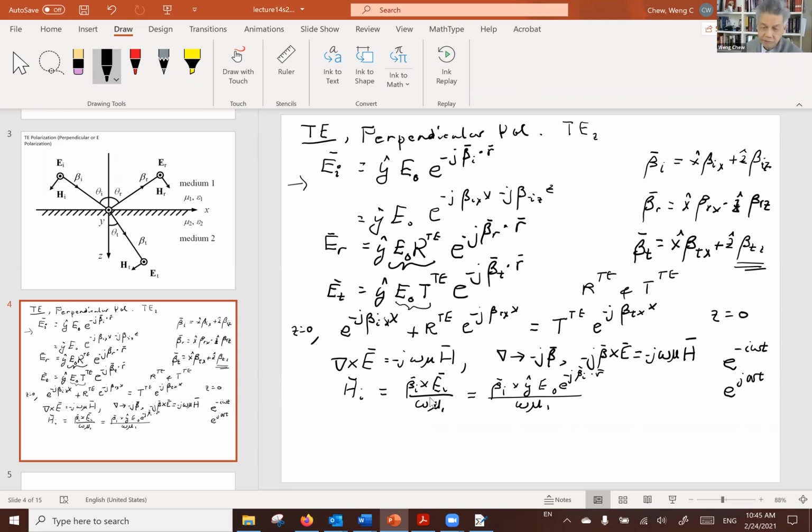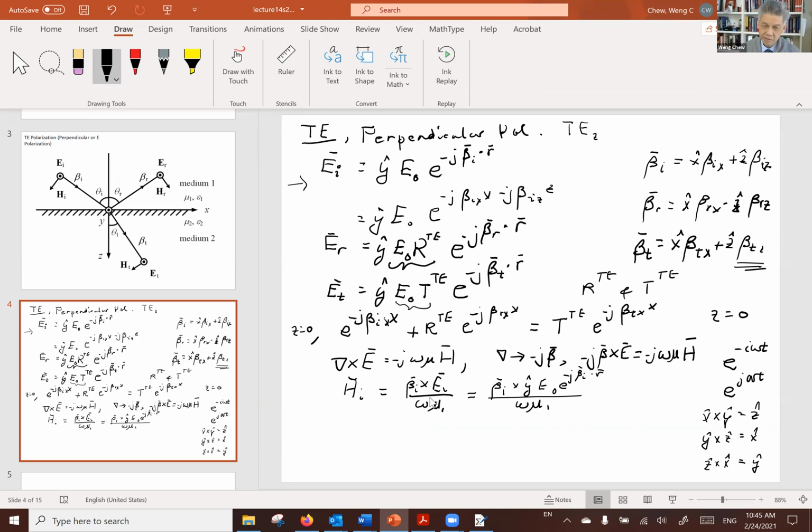Many students, when they have to take a cross product, will write down the determinant rule. Instead, I would suggest that you just use the very simple rules that you know: x cross y is equal to z hat, y cross z equals x hat, and then z cross x is equal to y hat. And then the rest of the cross products are 0. Okay, we just use this very simple rule.